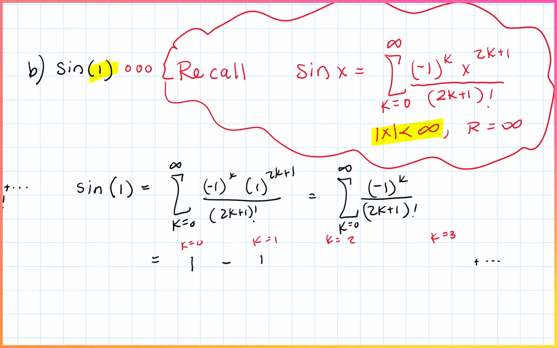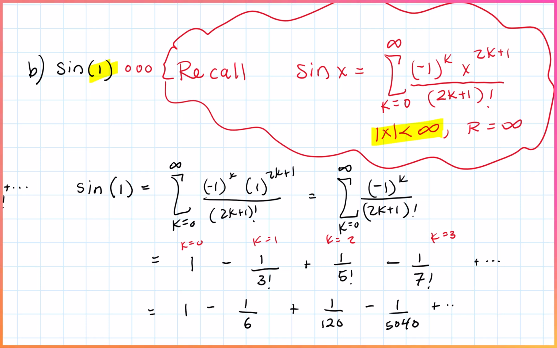When we plug in 1, we get minus 1 over 3 factorial, plus 1 over 5 factorial, minus 1 over 7 factorial. When I write those out, that's 1 minus 1 over 6 plus 1 over 120. 5 factorial is 120. 7 factorial is 5,040. And of course, those continue.